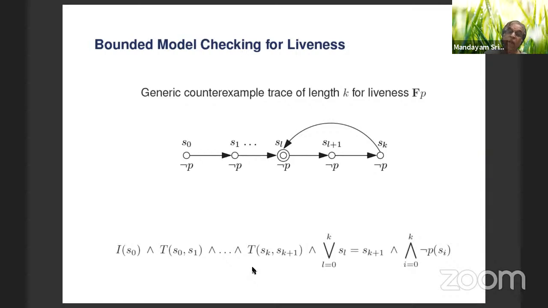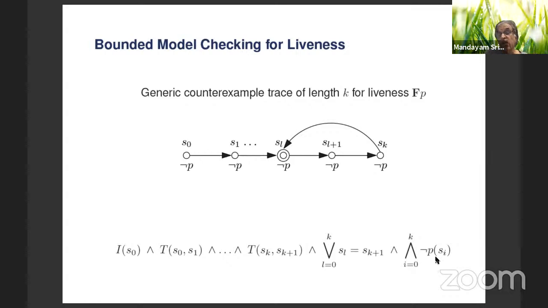If you've already checked that there are no counterexamples up to length k, to check for the absence of counterexamples of length k plus 1, all you're doing is adding one copy of T here, some more of this check, and a little bit of that check.